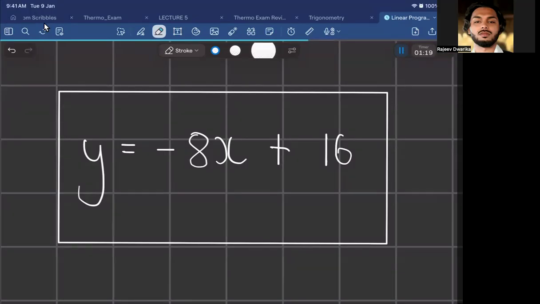Okay, Serena, let me check out what you have there. Okay, so you got the correct x-intercept. Great job. And as for the y-intercept, you are correct. Yeah, and the graph looks right as well. Excellent job.